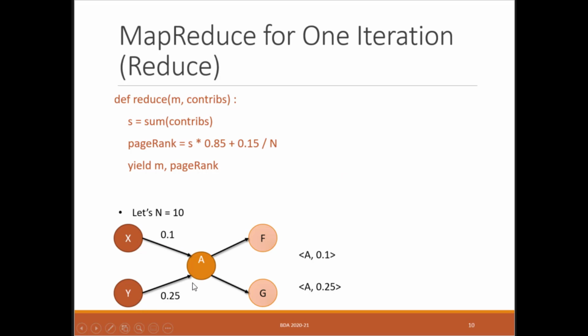The reducer then aggregates these 2 values using the PageRank equation discussed in slide number 6 and yields the PageRank for node A, which is equal to 0.31.